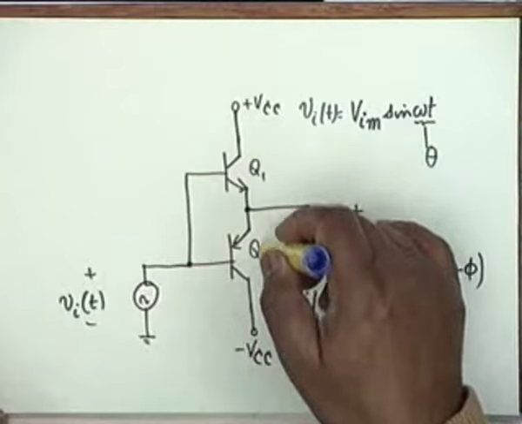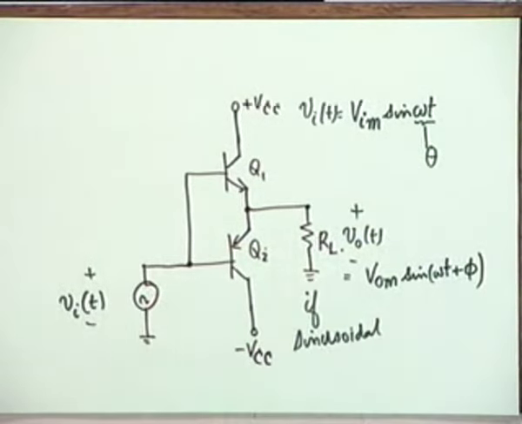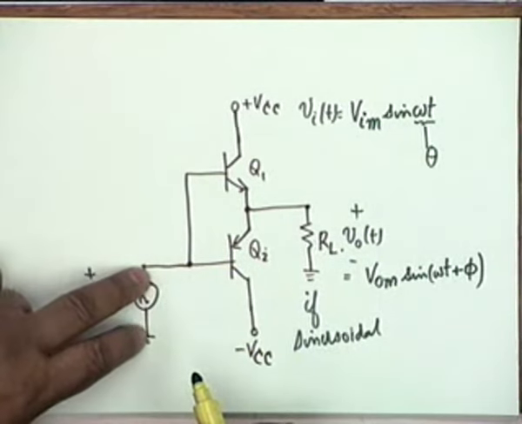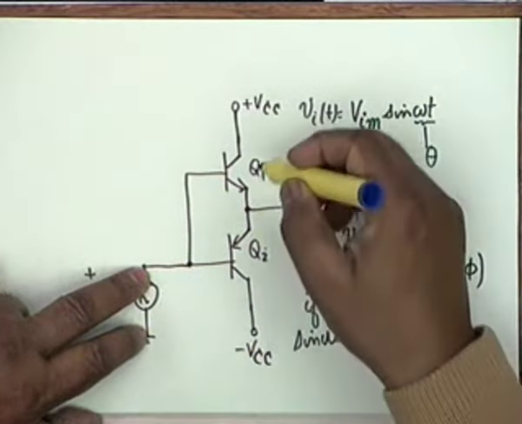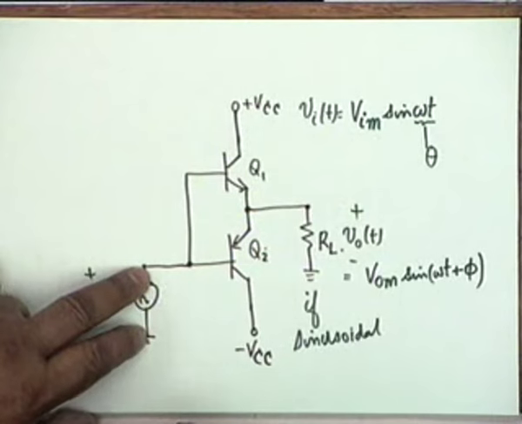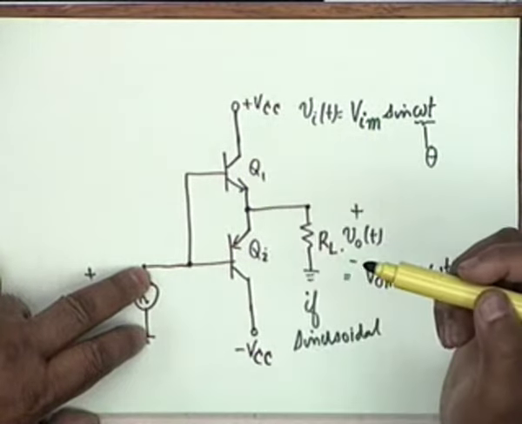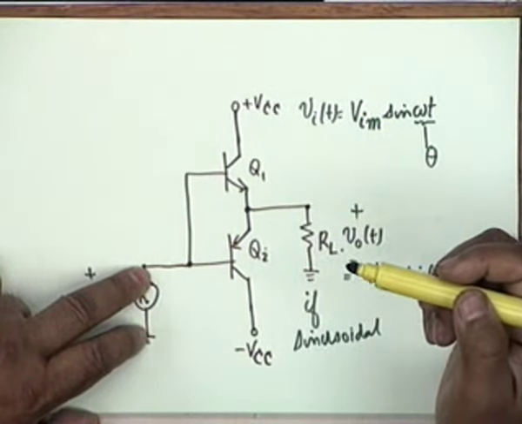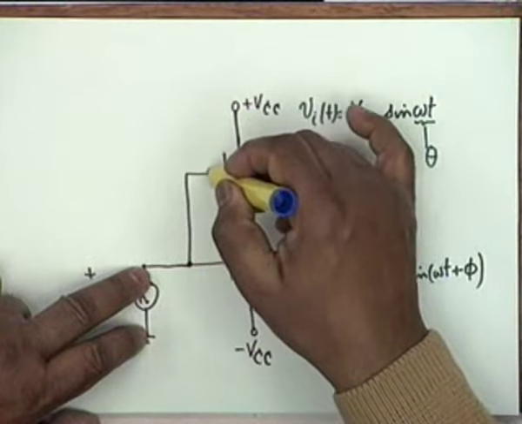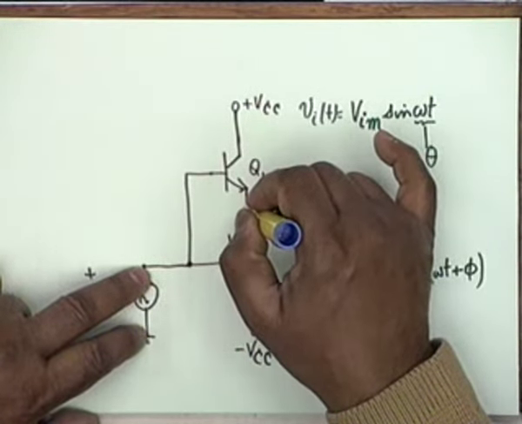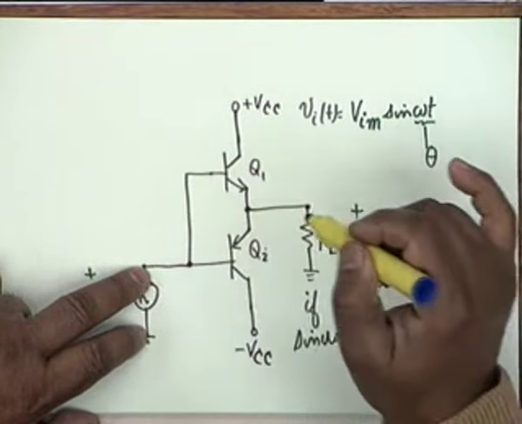Now let's look at the operation of this circuit. The two transistors, as I said, are perfectly matched. When V_i is 0, both Q1 and Q2 shall be off, because for Q1 to conduct, this voltage must be V_BE on.